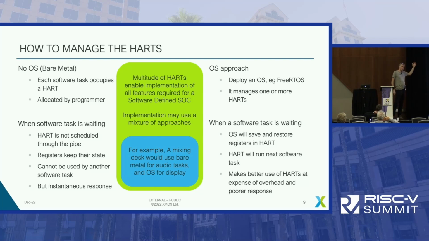Now, when a software task is waiting, and a software task owns a thread, that hart will be taken out of the pipeline, and therefore eventually you will lose performance. The good news is the harts will keep their state whilst they're not in the pipeline, so you can set up one of these threads on the metal to have the right state waiting, and on that state they will continue. Right?